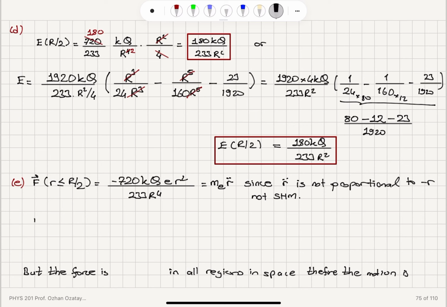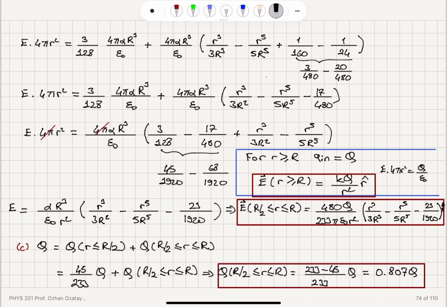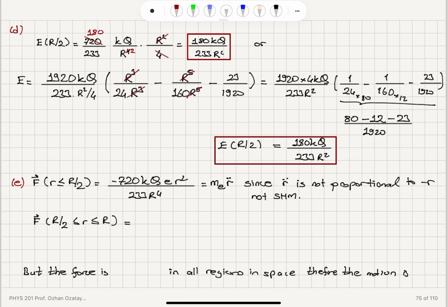For the other region, the force in the region capital R over 2 and R in between these two, I substitute the answer I have found in part B again for this electric field in this region multiplied by the charge of the electron. So I will have minus 480 K Q electron charge, capital Q, 233 pi epsilon 0 r square.